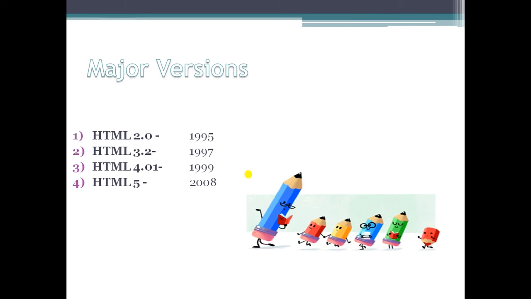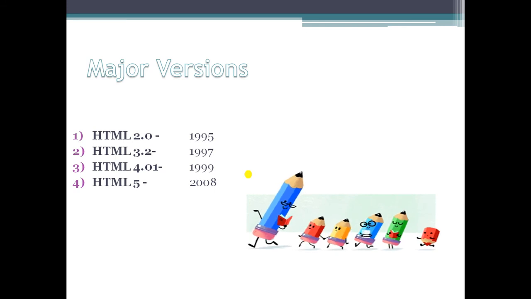Now it comes, there are 4 versions of HTML: 2.0, 3.2, 4.01, and 5. First version HTML 2.0 was released in 1995. It supports core HTML elements and all the features were there. Fine. And HTML 3.2 was finalized by W3C in early 1997.